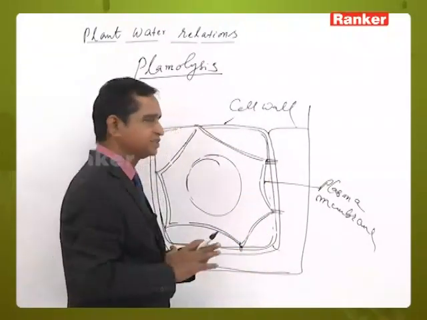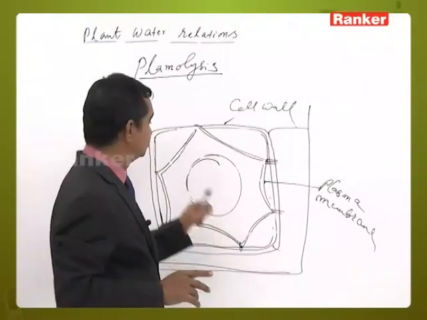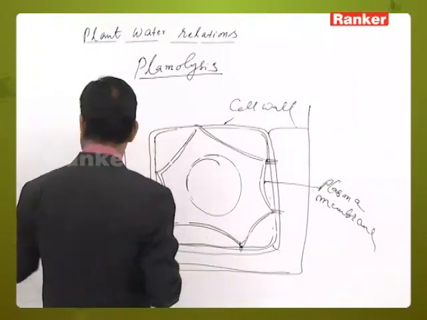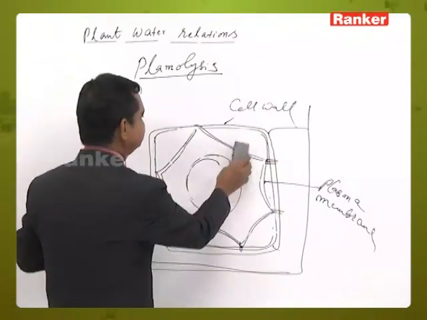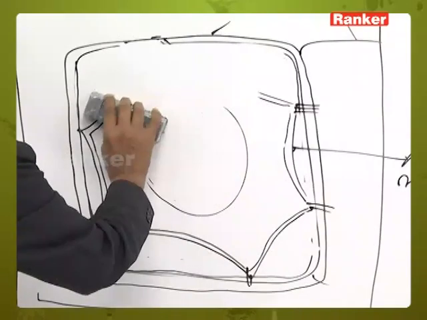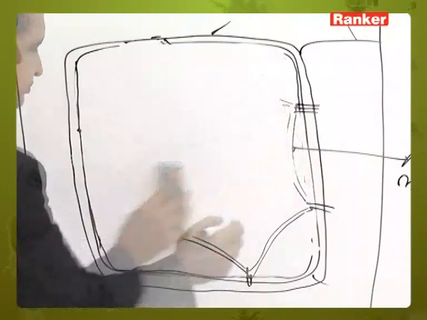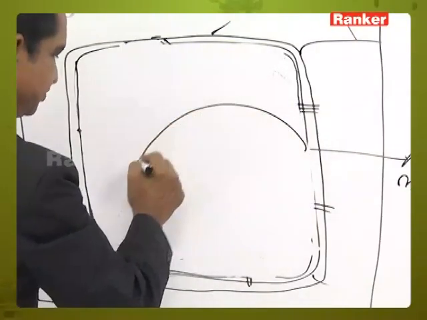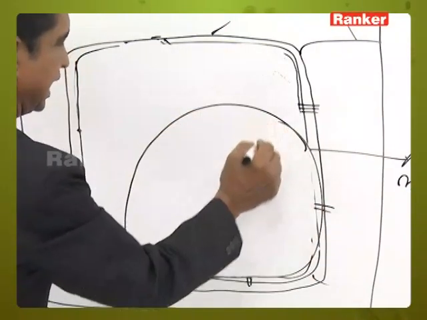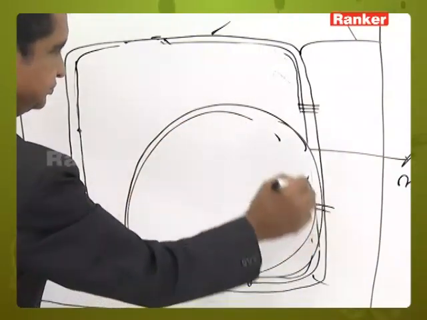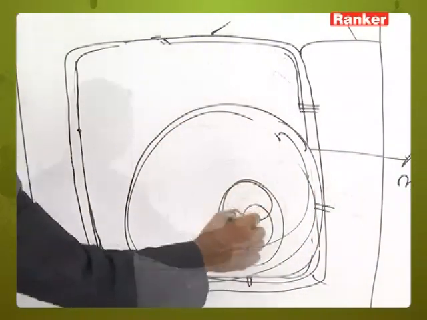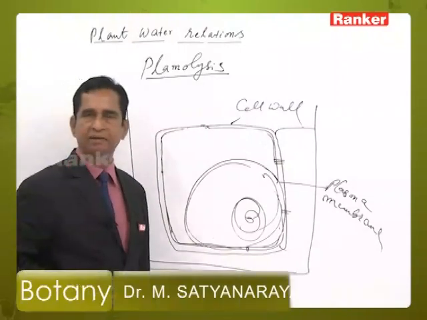And when there is a further loss of water from the cell, the protoplasm totally gets detached and it forms a lump inside the cell.